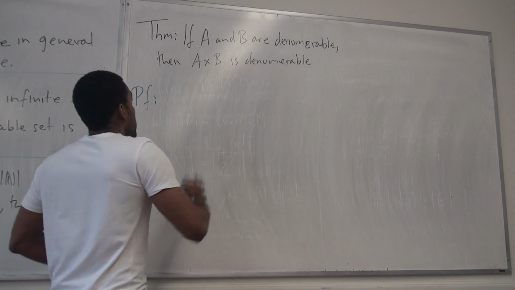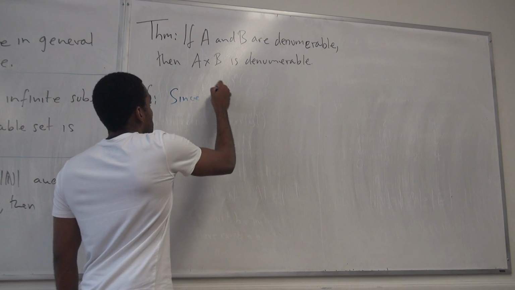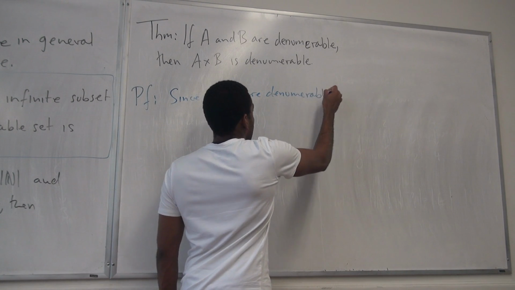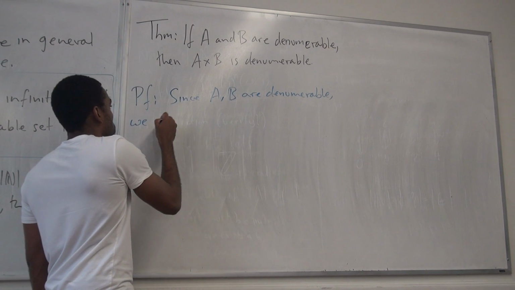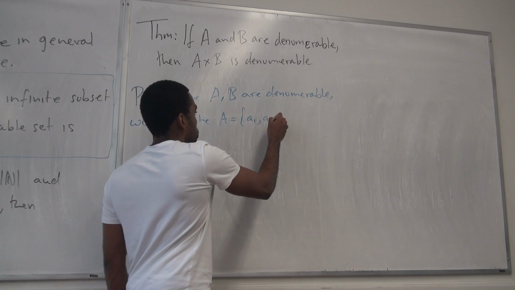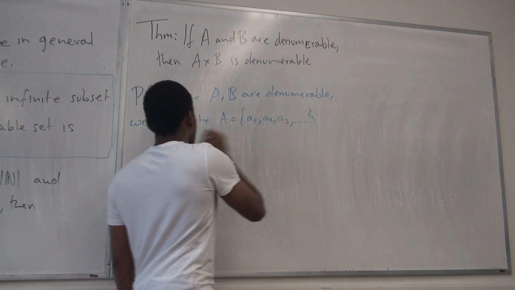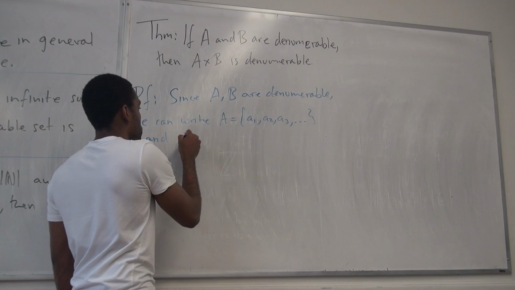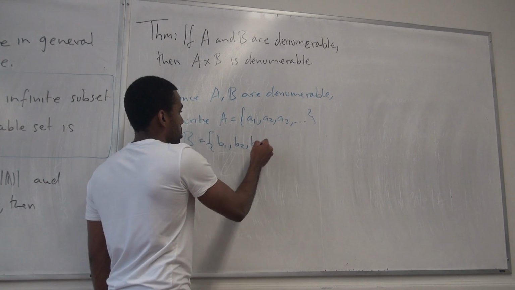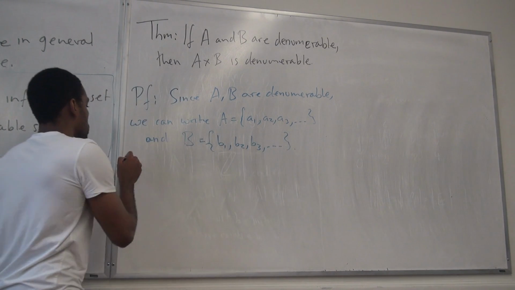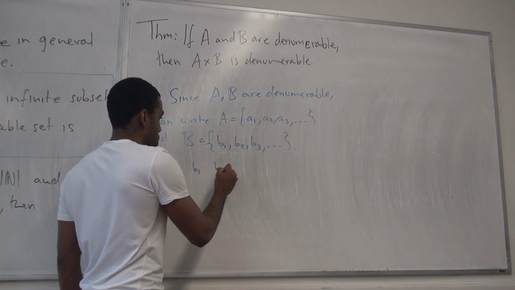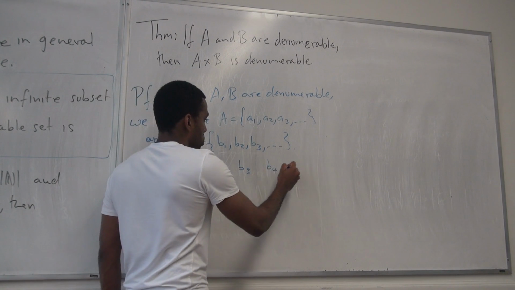then that will be good enough for the proof. The idea is, since A, B are denumerable, we can list the elements. So I can write A as A1, A2, A3, and I can write B as B1, B2, B3, forever. So now what I do is I try to list them.